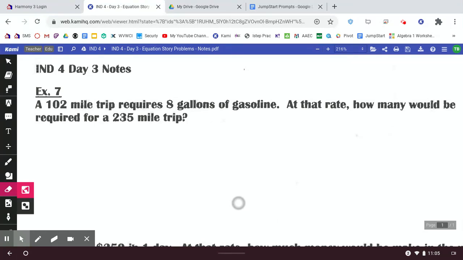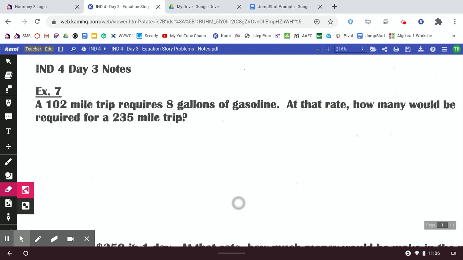We had problems where we had some number plus 5 equals 11, and we had to set up an equation, give a variable to the some number, which we usually picked n, and write an equation and then solve for n. We had the ones like our jump start today where we've got a rectangle and we have to write everything in terms of w and then solve for the width and then plug back in to get the length.